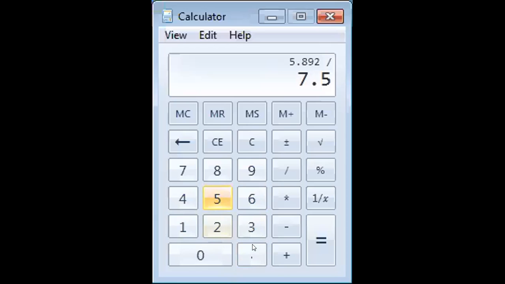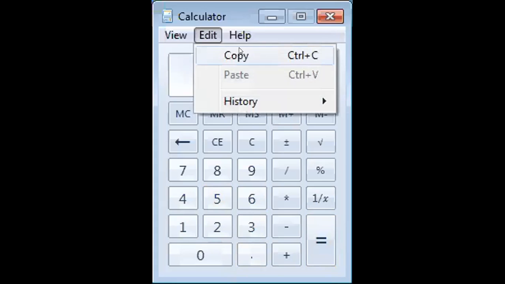Always x is less than 1. So x is 0.7856. Let me take this x as 0.7856. Okay, copy this.